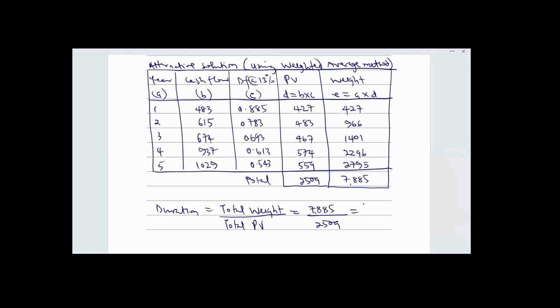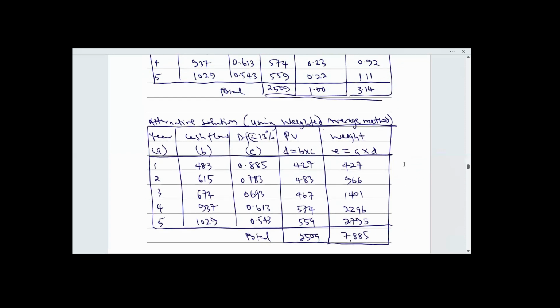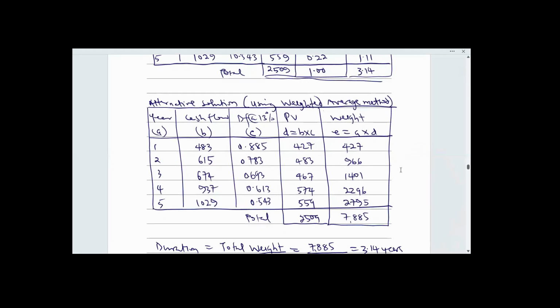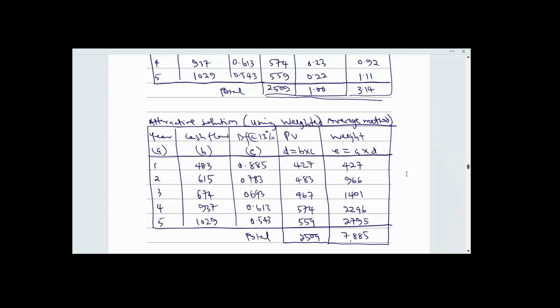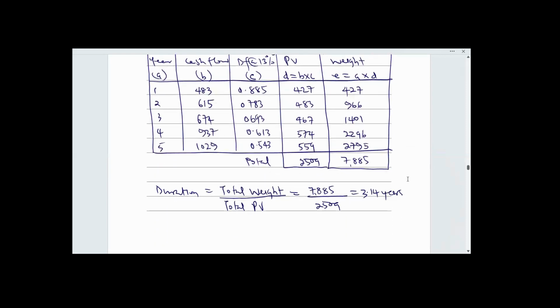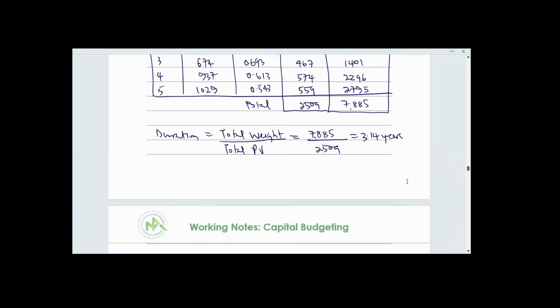What do you have? 3.14 years. So let's check if it's the same thing as what we got earlier. You can see the same thing. So whether you use present value method or weighted average method, you are going to get the same thing. So this is how to calculate duration.